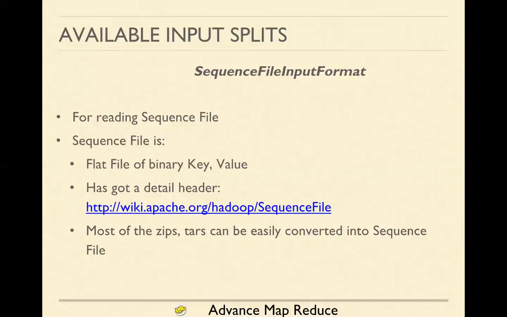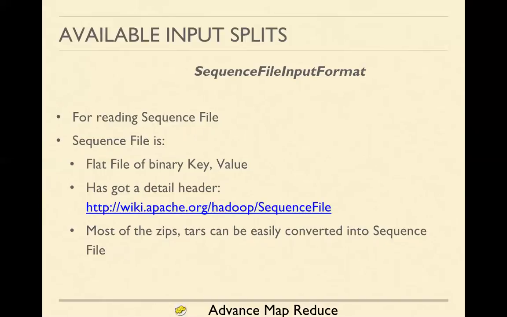In those cases, it was important to combine them together. If they are combined using the usual, say, zip format, then to unzip the data you need the entire file on a node, right? Therefore, there was a need for a splittable archive. And this is where sequence file input format came into play.